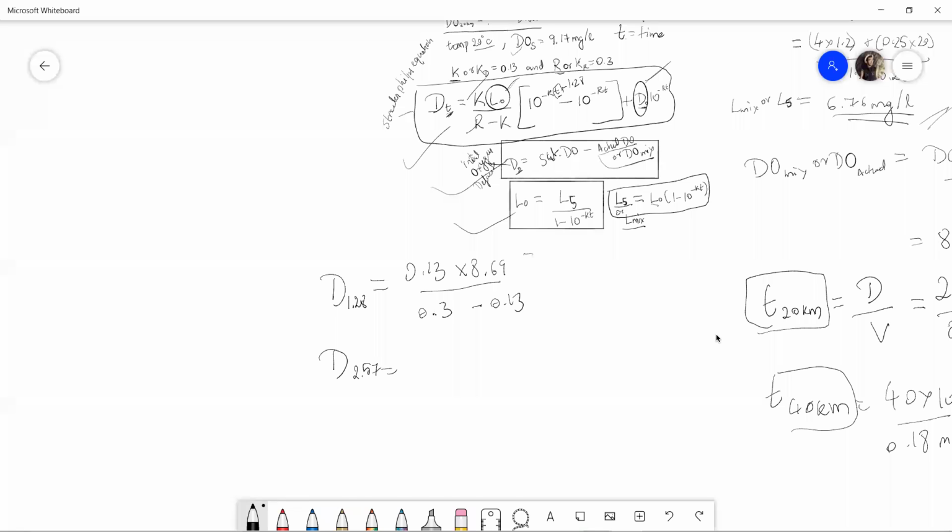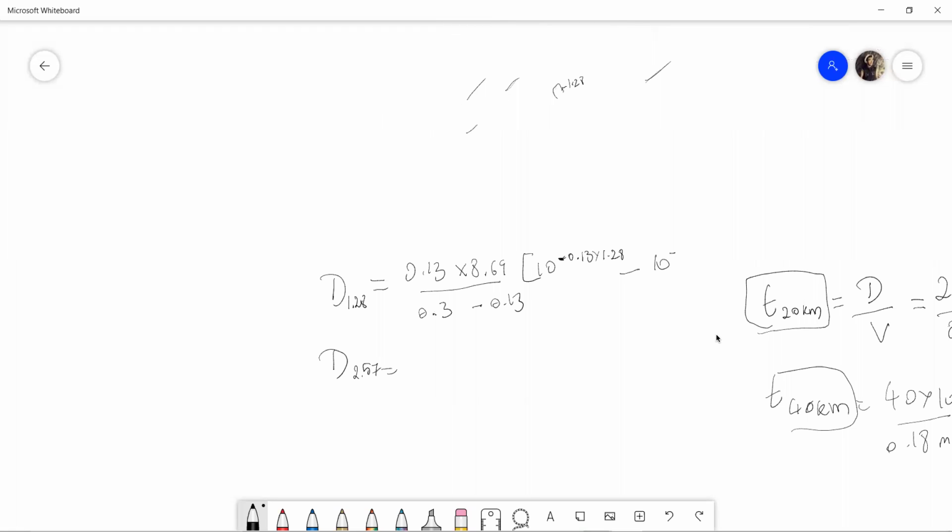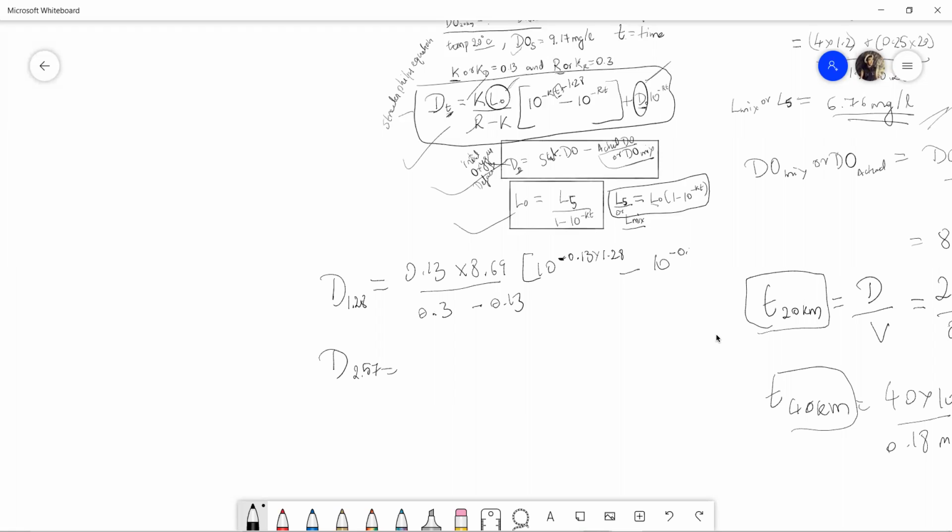Then multiplied by 10 to the power minus 0.13 into T, T is 1.28 days. Minus should be there. Whole minus 10 to the power minus 0.3 into 1.28, right?